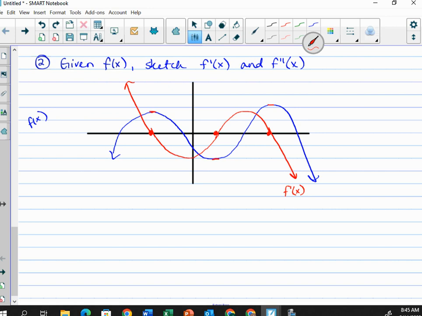Yeah, you can look at the red graph and look at the max and mins there, and they'll line up with the points of inflection from the blue graph. I know, it's weird. It's so much information all at once.